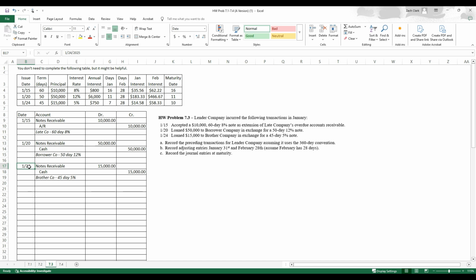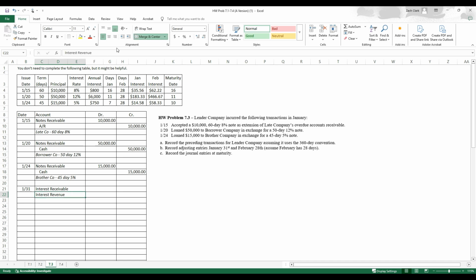Okay, so now we're going to want to look at, that's our initial transactions. We want to record adjusting entries at the end of January for each of these notes. And we're going to want to record our interest receivable. So on January 31st, we have interest receivable, and then we have interest revenue as our credit.